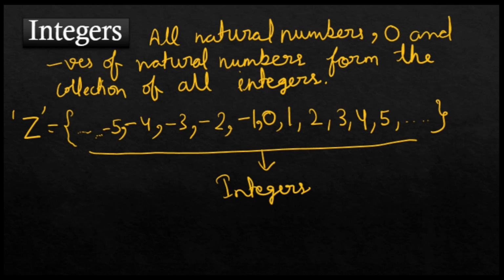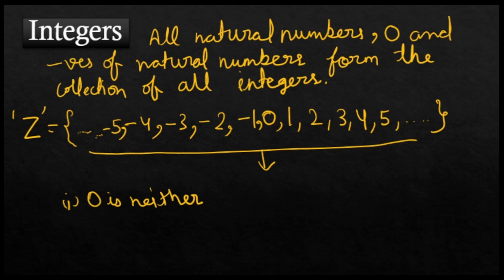Points to remember. 0 is neither negative nor positive. You don't see a sign on 0 of any sort, negative or positive. Second, integers also go to infinity, to the positive side or to the negative side.